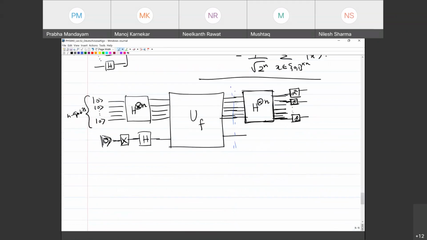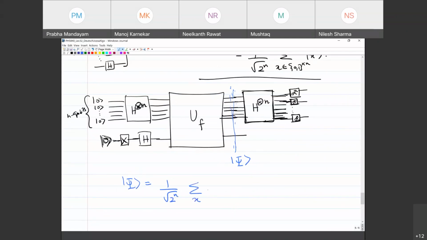Let's see what the state is here. Maybe I should indeed resume. We call this state psi, and I'll probably stop in a couple of minutes and then continue on Monday. So this psi is basically 1 over square root 2 to the n, a sum over all x, right?